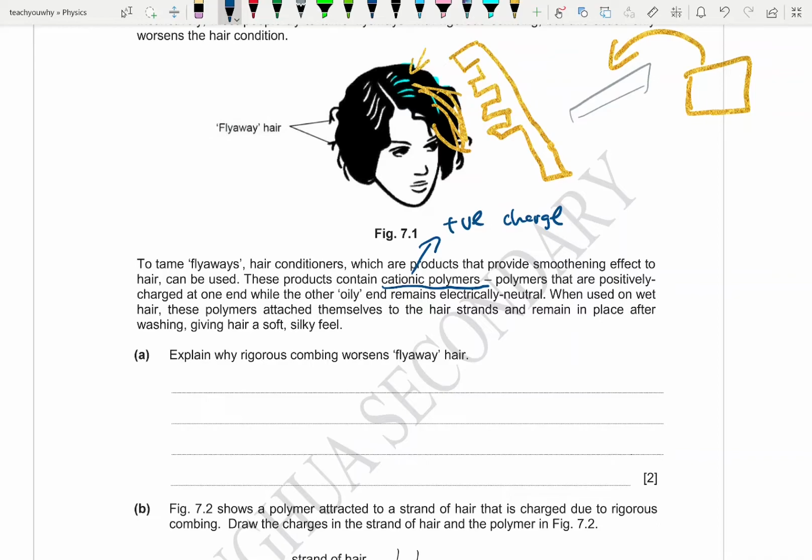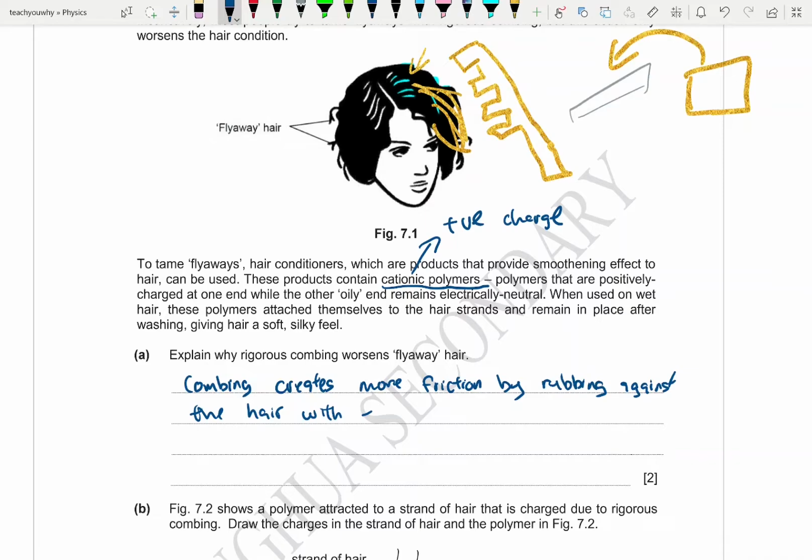It's because combing creates more friction by rubbing against the hair with the comb.